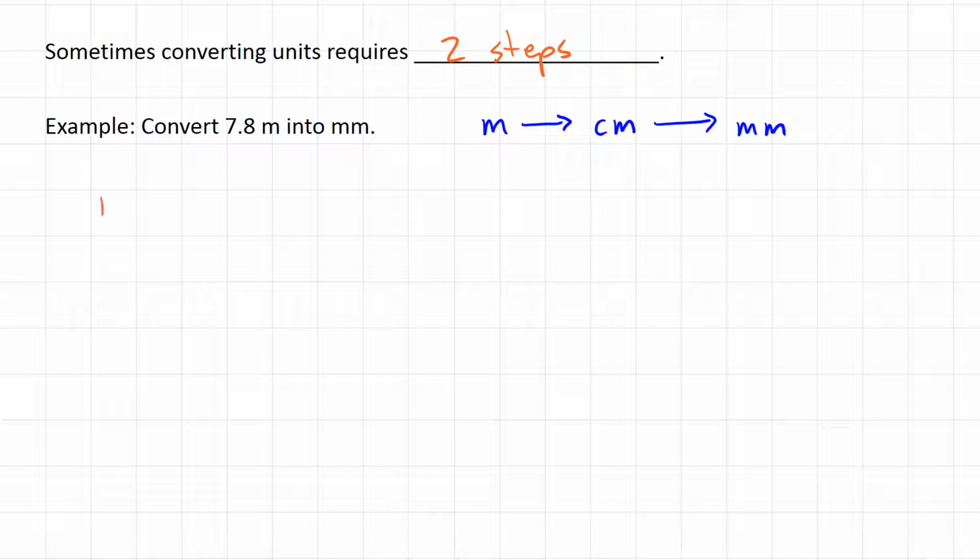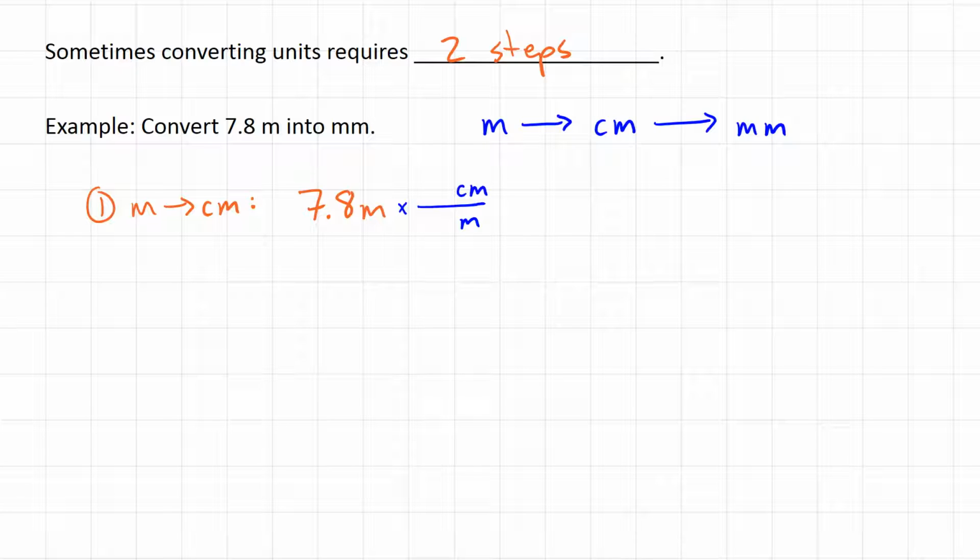So here we go. Step 1, meters into centimeters. We're starting this problem the same way as we did with the one-step unit conversions. 7.8 meters. And then we're going to multiply it by a fraction. And we're going to have the units we want to get rid of, meters, on the bottom, and the units we want to be left with, centimeters, on top.